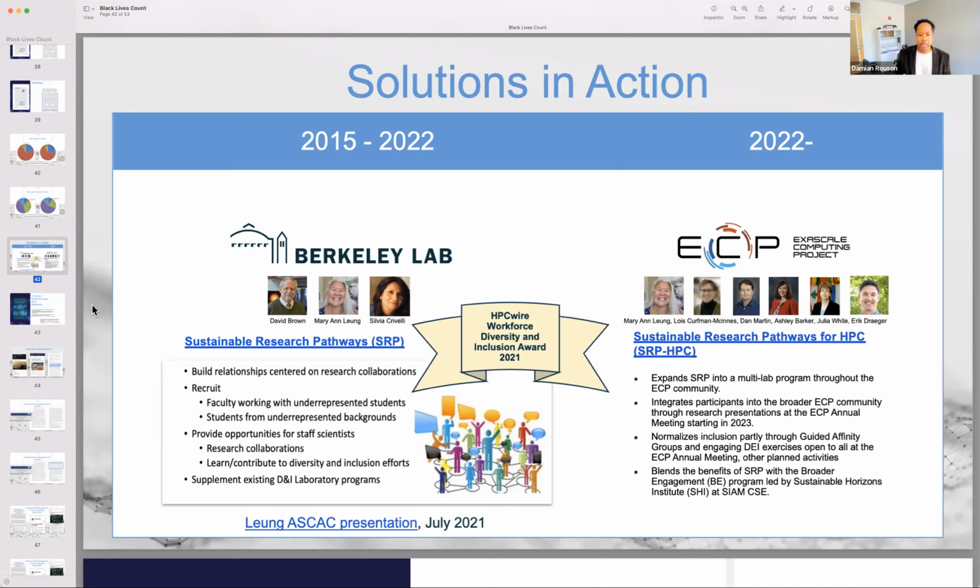So what we need to do is, when we're having conferences, hold things like guided affinity groups where you bring specific groups together in a way that addresses the experience of that underserved population in the conference, but also open those up so that anyone can attend. It's not exclusive. But because it's targeting the underserved populations, it does a couple of things.